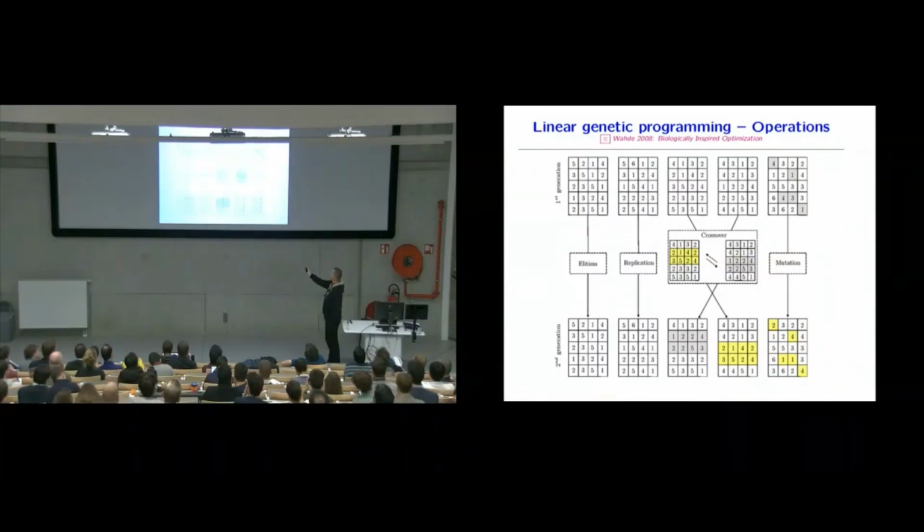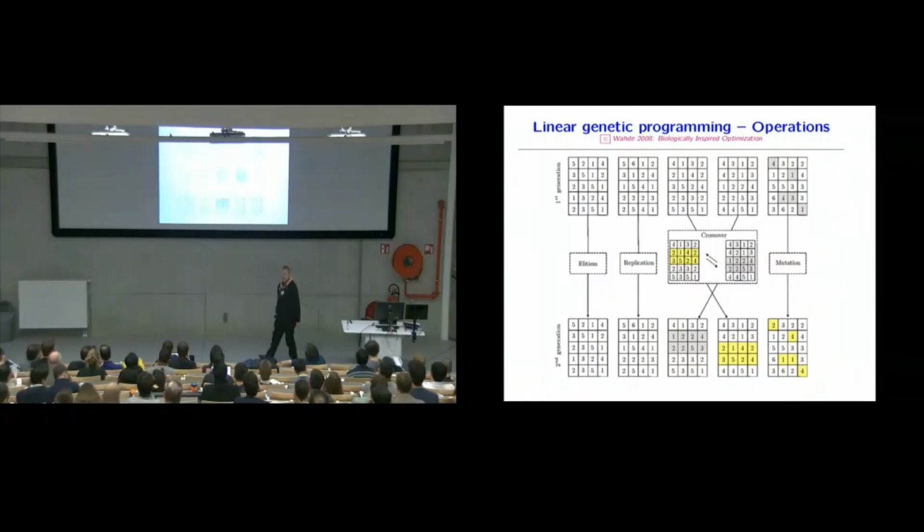Now you randomly select some other elements for replication. Let's say you take the second one. Then you may do crossover with numbers 3 and 4. So crossover means you replace some lines with some other lines, as shown here. And another operation is you randomly take some integer values and replace them by random other integer values.